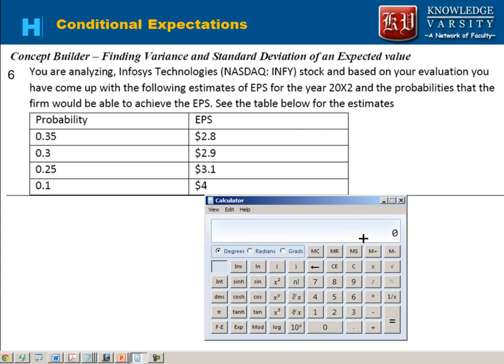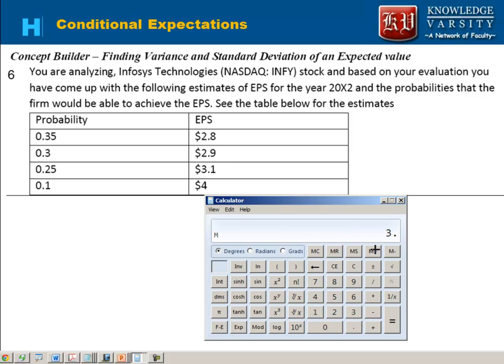What we can do is take 2.8 minus 3.025, square it, and then multiply with 0.35. This is the value, we can store it with M plus. Then you have 2.9 minus 3.025, square it, multiply with 0.3, and store it.